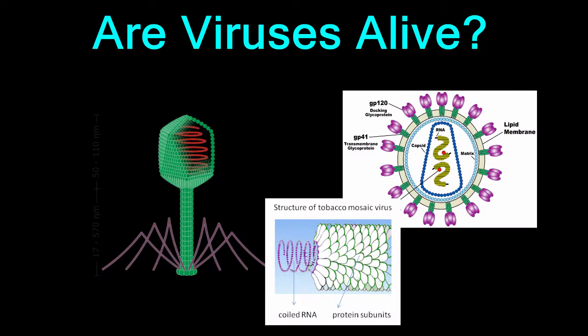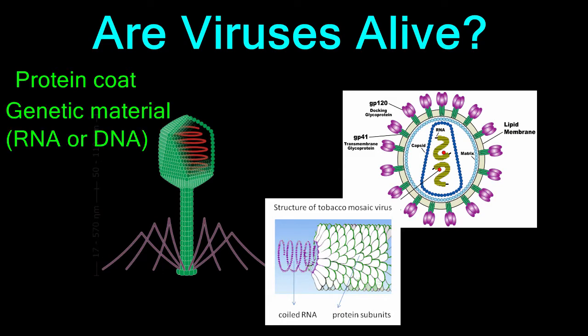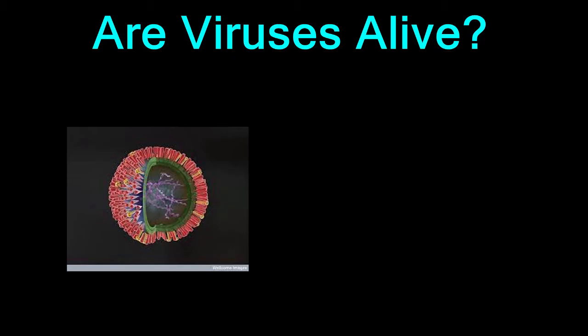Viruses are made up of a protein coat, which surrounds genetic material, which can be in the form of RNA or DNA, and carries the instructions for building new virus particles. Let's take a closer look at a common virus, influenza, commonly referred to as just the flu.